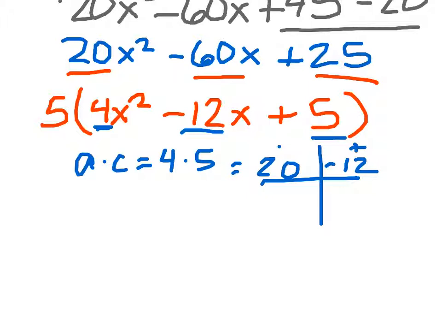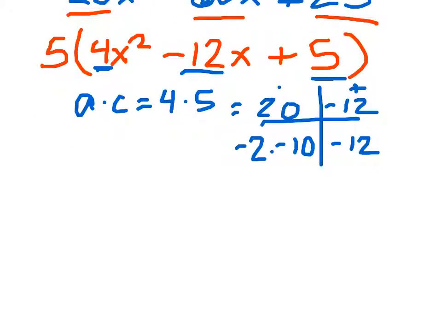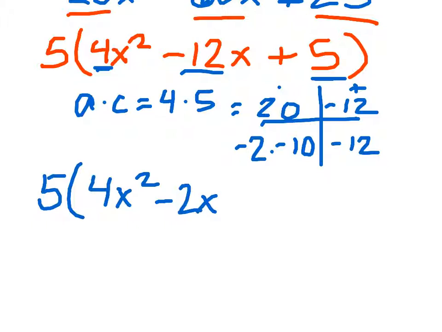Negative. Okay. Minus 2 times minus 10. That'll add up to negative 12. That works. Okay, so I could split my middle term now and write out, 5 is still lurking outside, 4x squared, though, minus 2x minus 10x, there's the split, plus 5.